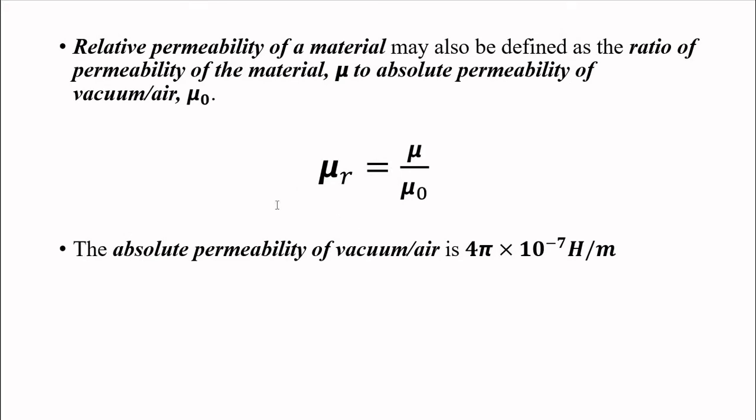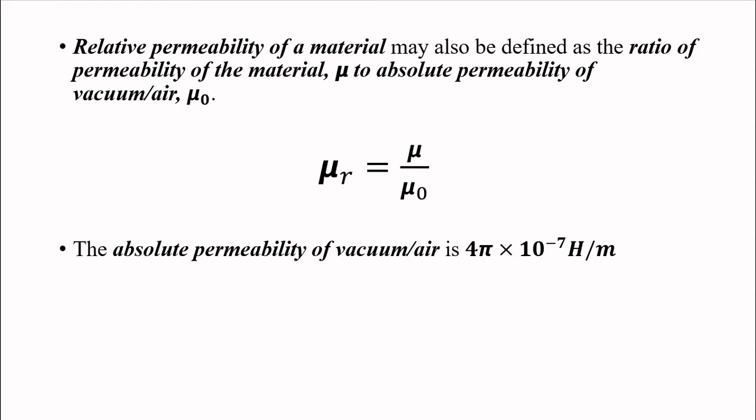Another way to express relative permeability is the ratio between the permeability of that specific material to the permeability of free space, vacuum or air. Or mu r is mu by mu 0, where mu is the permeability of that specific material, any material x, y, z, whatever it is, divided by mu 0, which is the absolute permeability of vacuum or air, which is 4 pi into 10 to the power minus 7 Henry per meter.